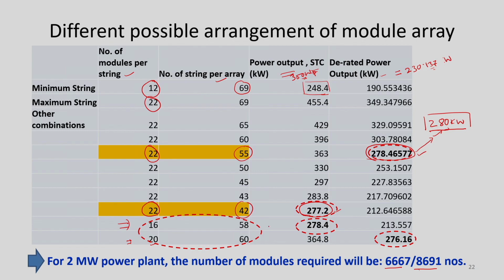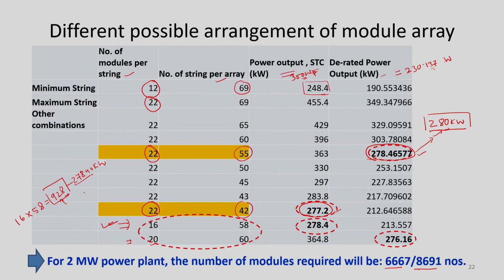Say for example, in this case, 16 multiplied by 58, which is equal to 928. Okay. So, that many modules are required for this combination, and this gives about 278.4 kilowatt, right. So, for 278.4 kilowatt power output, we need about 928 modules.